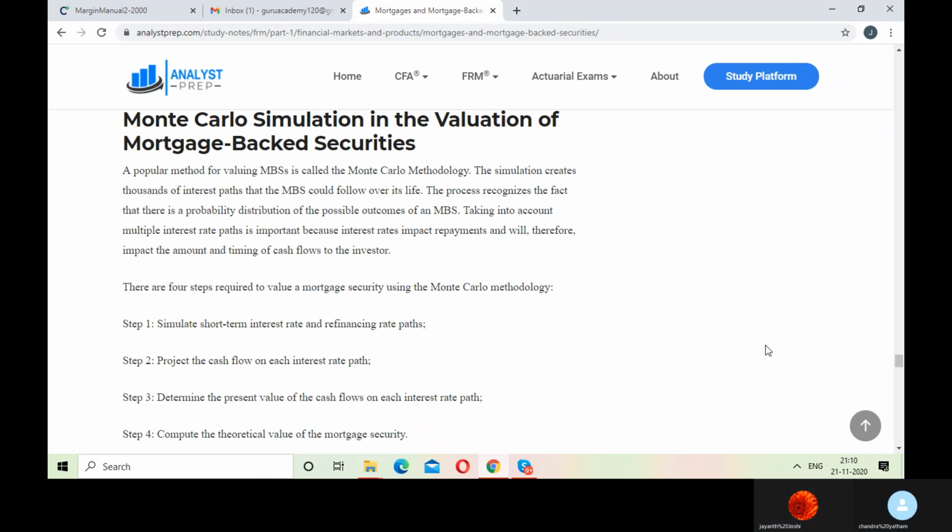See, suppose you have purchased a security for 1,000 rupees, and the company is giving you a coupon of 10%. That is the interest. And after 2 years in the market, the interest has gone to 15%.